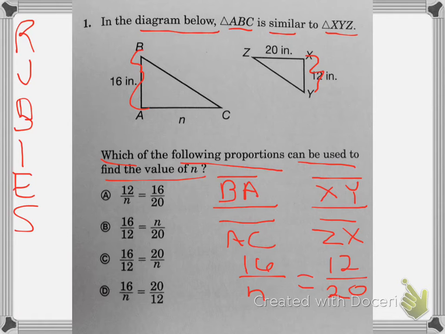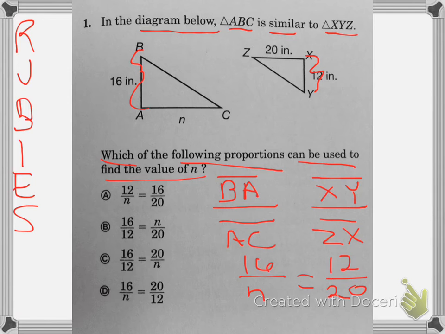However, this question is only asking me which proportion can be used, so I'm going to take a look and see which of these actually matches. Well, I want to see first A. Well, A tells me that 12 and 16 should be across from each other, and that's what I have. And then I also have n and 20 should be across from each other.